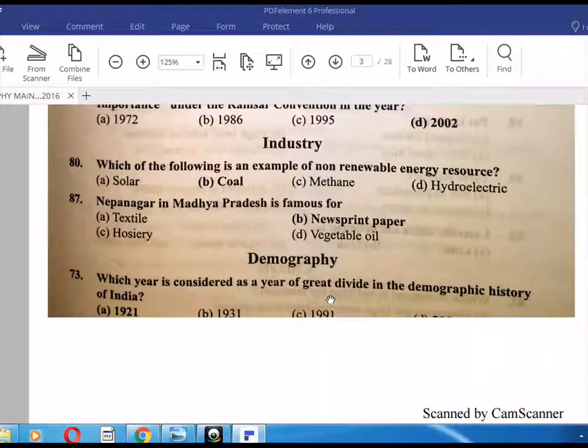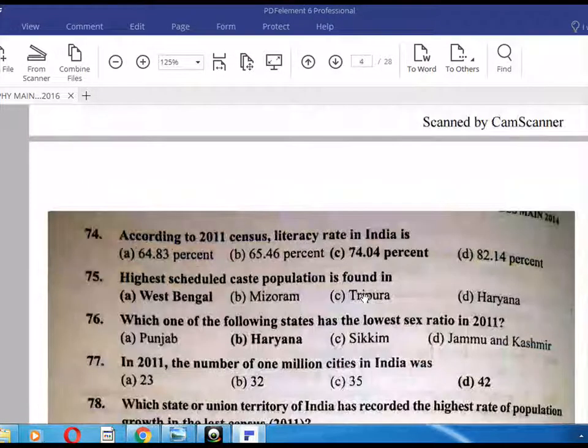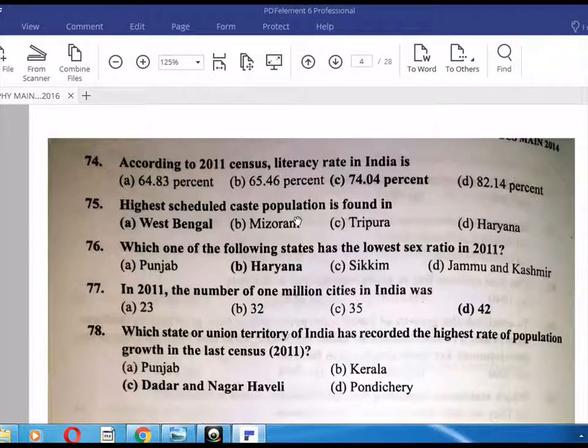Okay. Next question: which year is considered as the year of great divide in the demographic history of India? 1921. According to 2011 census, literacy rate in India is 74.04.